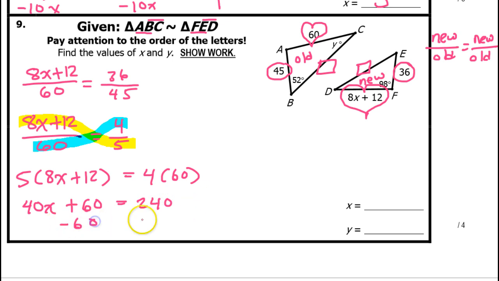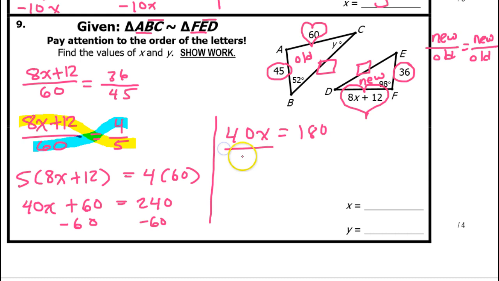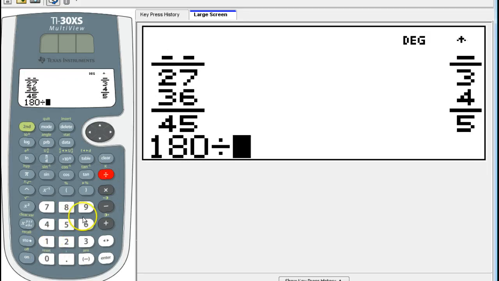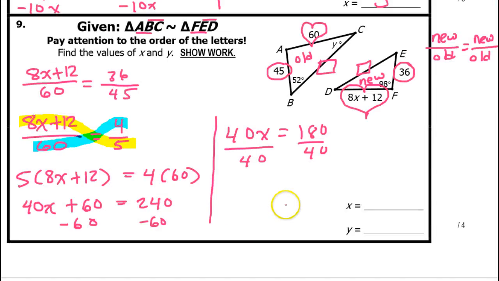Then we will subtract 60 from both sides. So that's going to give us 40x is equal to 180. And then we will divide both sides by 40. And that is 4.5.